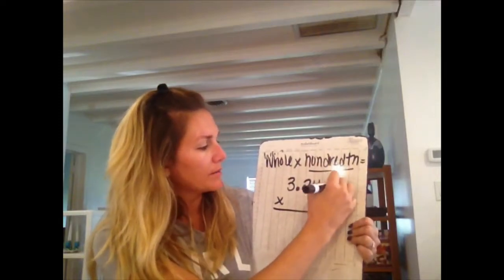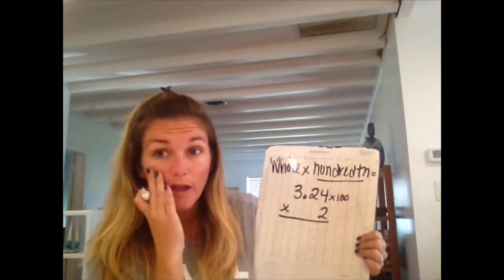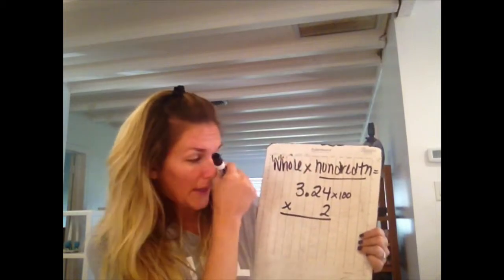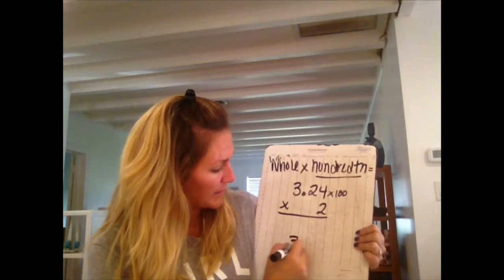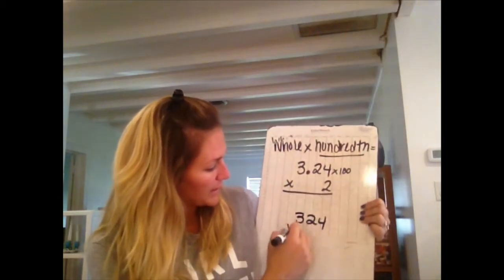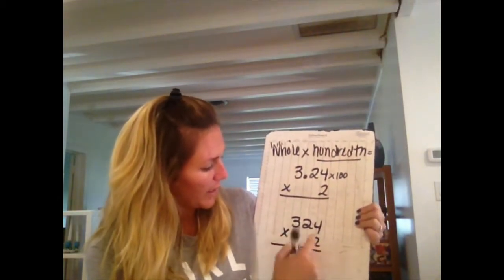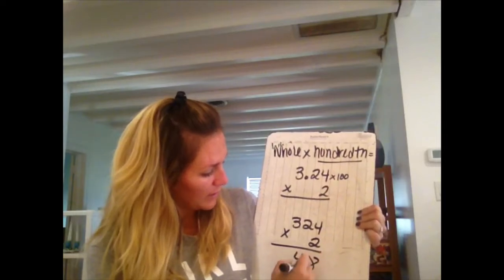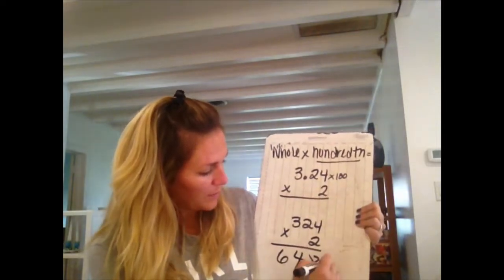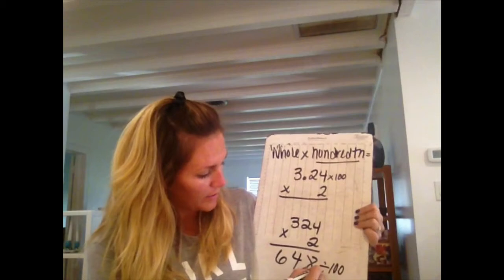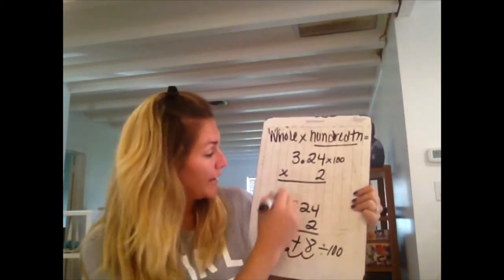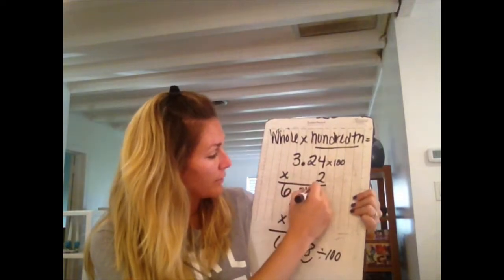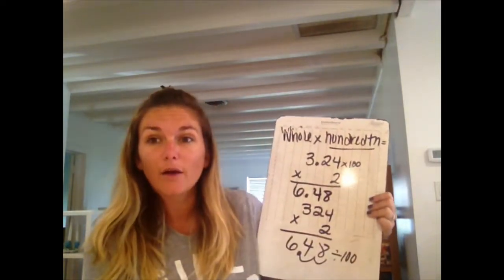I would multiply this by 100 to move that decimal point over, okay? Once I do that, my problem is now 324 times 2. That would be 648, but now I have to divide it by 100 and move that decimal point back over, all right? So my answer to this one would be 6 and 48 hundredths, okay?